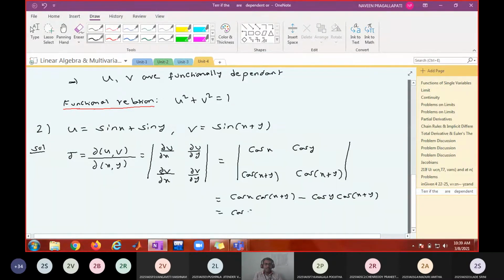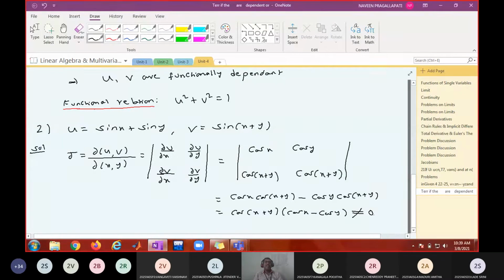So find out the partial derivatives and simplify. So dou u by dou x is cos x, dou u by dou y is cos y, dou v by dou x is cos of x plus y, dou v by dou y is cos of x plus y. Simplify it and tell me. So this is cos of x plus y into cos x minus cos y. Is it 0? In general, cos x is different from cos y. So cos x minus cos y is non-zero.